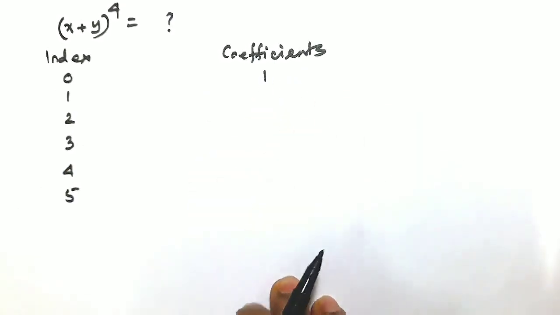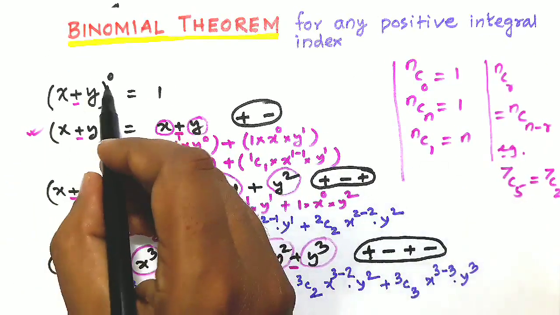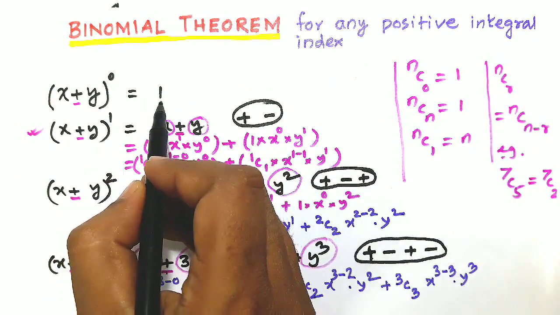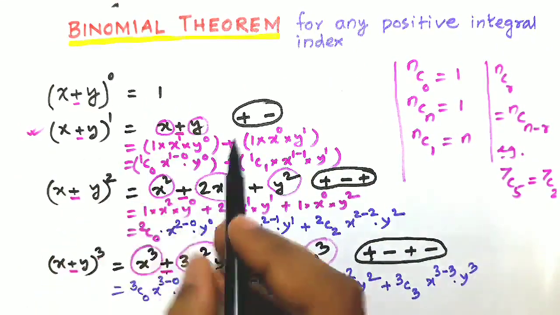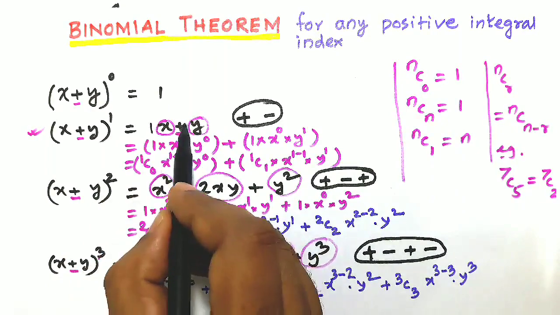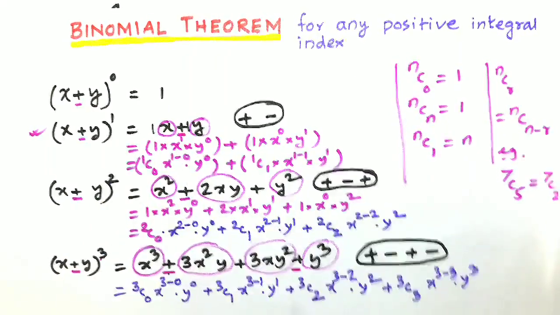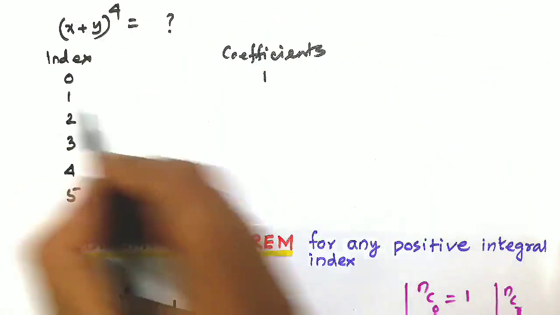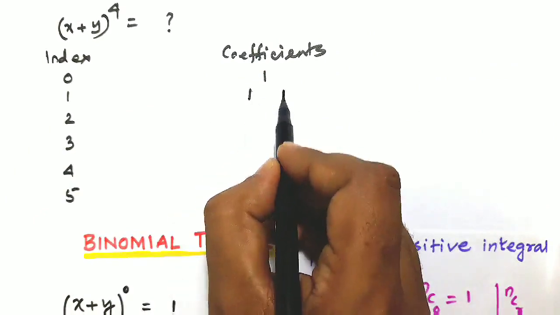I have to show again the previous tutorial. Watch carefully. Index is 0, coefficient is 1. Index is 1, coefficients are respectively 1 and 1, isn't it? So I write 1 and 1 for index 1.